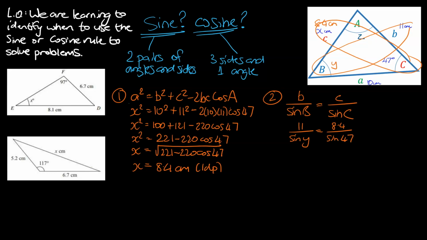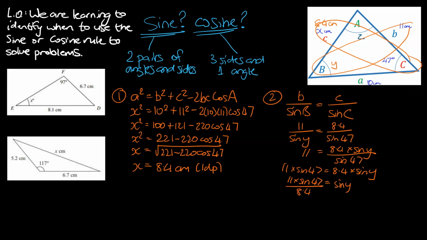From there, we carry on. So we're going to go algebraically: 11 is equal to 8.4 times sine y, and that's the opposite of dividing by sine y. Sine 47. That means 11 times sine 47 is equal to 8.4 times sine y. 11 times sine 47 divided by 8.4 is equal to sine y.